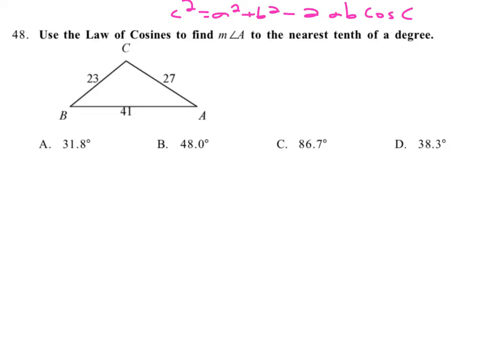Well, what angle are they asking for? They're asking for us to find angle A. And so therefore, that's the angle we're dealing with, and the side opposite it is going to be what we call C.